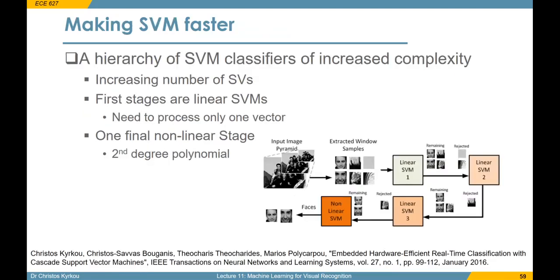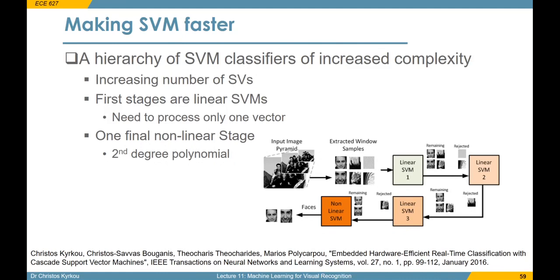If we use nonlinear SVMs, kernels other than the linear kernel, you may end up having to do lots and lots of computation overall when classifying objects, for example in images. One way to speed this up, and we will see later on other algorithms that do the same thing, is to use what we call a cascade. The idea is that you have multiple SVMs.